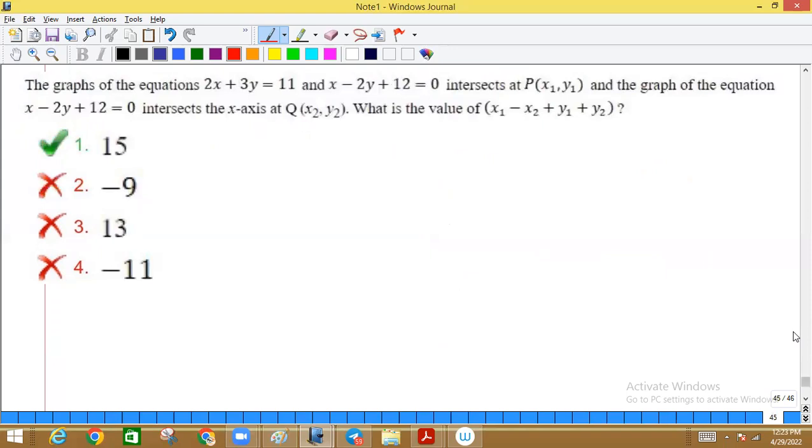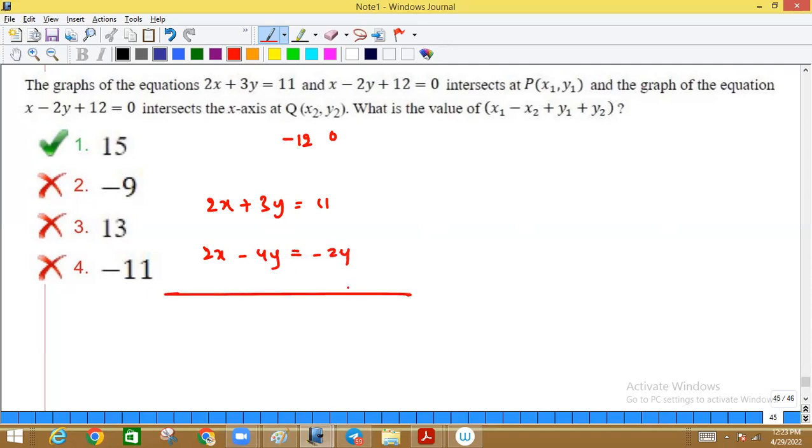The graphs of the first and second equations intersect at x1, y1. And the graph of the equation intersects the x-axis, means put y equal to 0. If I put y equal to 0, x2 is what? Negative 12. And these two graphs intersect: 2x plus 3y is equal to 11, 2x minus 4y is equal to negative 24. Can I say so? What is negative y equal to? Sorry. 7y is equal to 35.